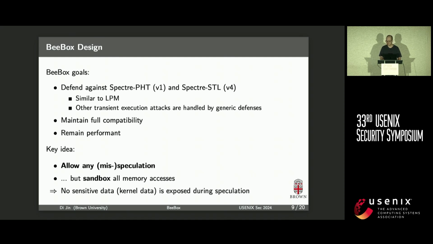And the third goal is to be efficient and performant. The key idea is quite simple. BeeBox allows any speculation or misspeculation, but sandboxes all of the memory accesses made by BPF programs such that no sensitive data, in this case kernel data, will be exposed during speculation.